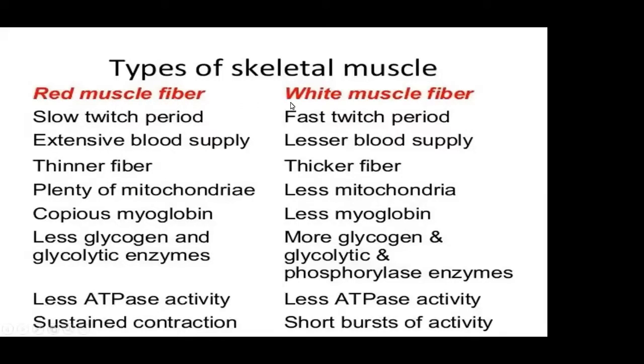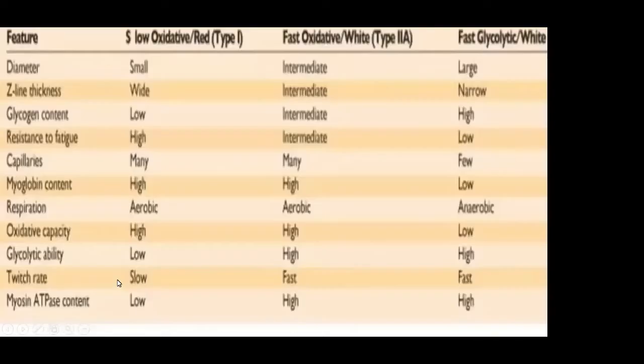Red muscle fibers are basically slow twitch fibers and the white muscle fibers are fast twitch fibers. There is plenty of myoglobin present in the red muscle fibers, while in the white fibers the myoglobin content is much less. The slow fibers mainly follow aerobic metabolism.